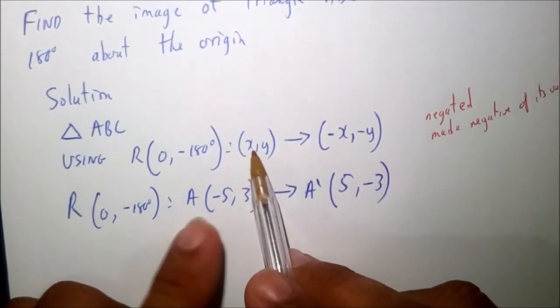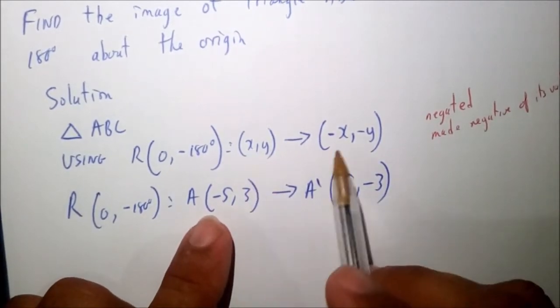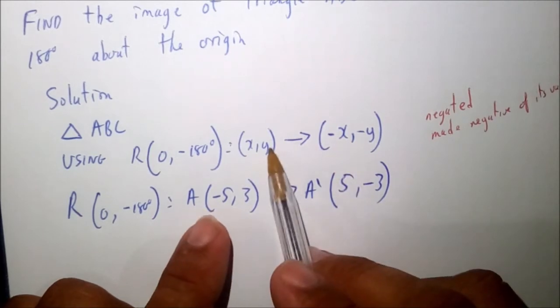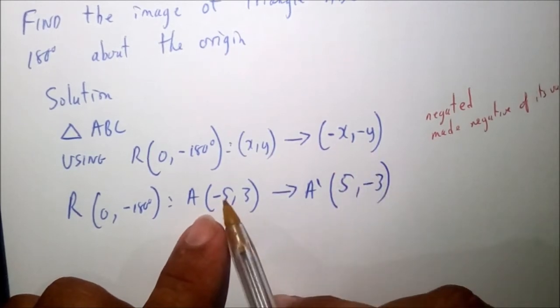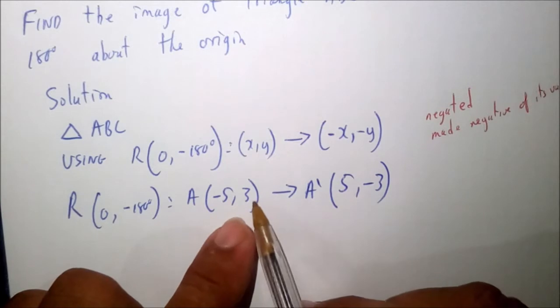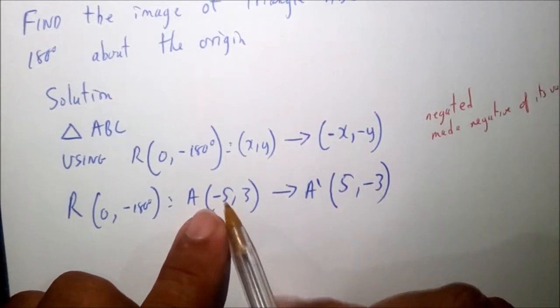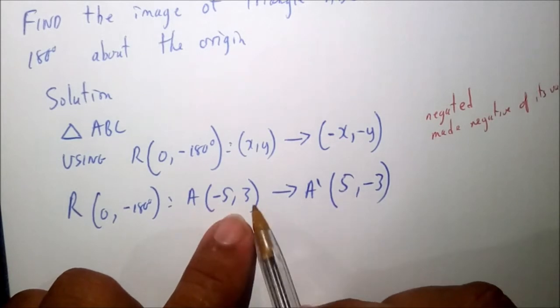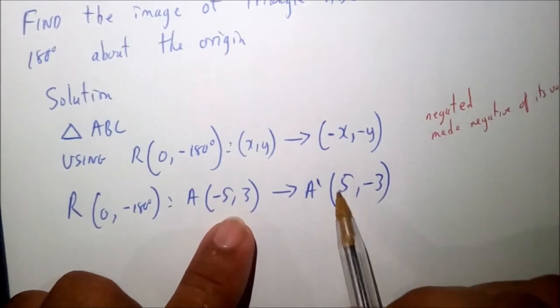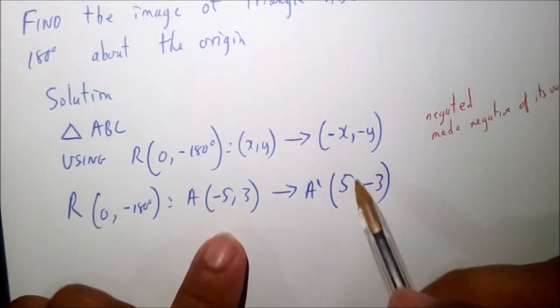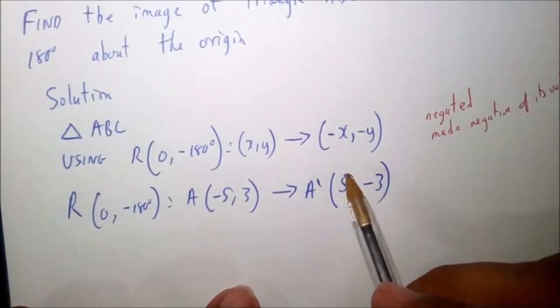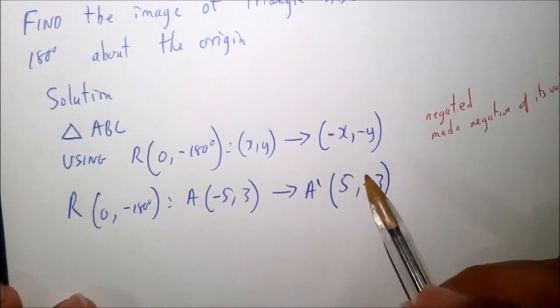Notice this is telling me to make the value of x its negative, and the value of y its negative. If it's negative 5, then it becomes positive. If it's positive 3, it becomes negative. In other words, if the value is negative, it becomes positive. If the value is positive, it becomes negative. Once it's a clockwise or anti-clockwise rotation through 180 degrees about the origin.